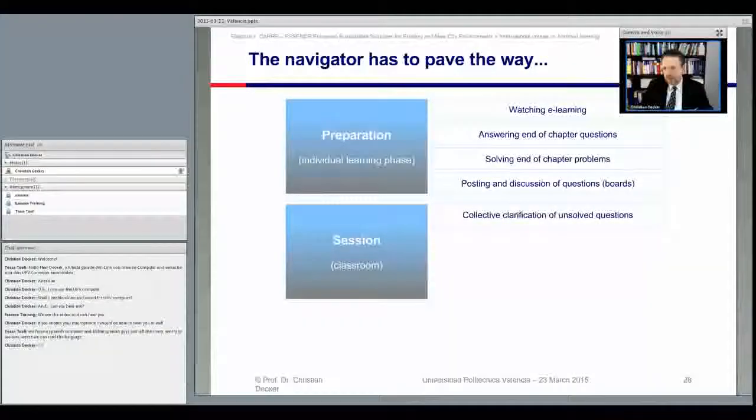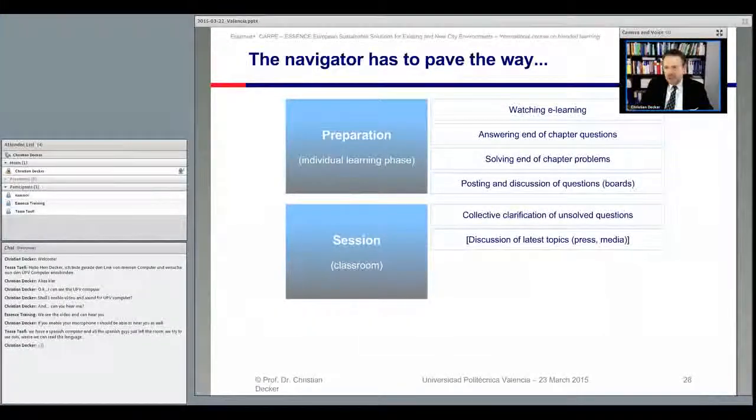This is why I said earlier, you should force them to post their questions on the boards. If questions then remain that could not be answered in a satisfactory way in the learning management system, you can come back to that and work together with the students in order to collectively clarify unsolved questions. So you more or less act as a moderator and no longer as the instructor.